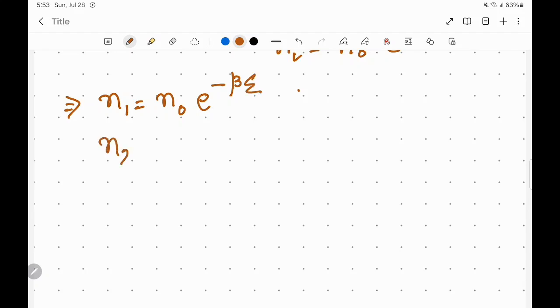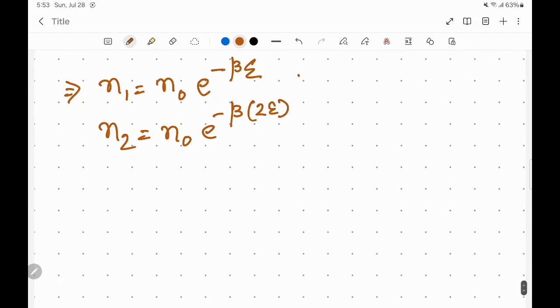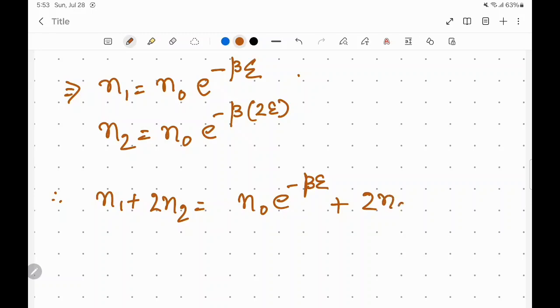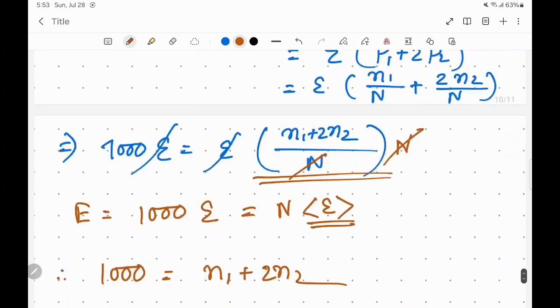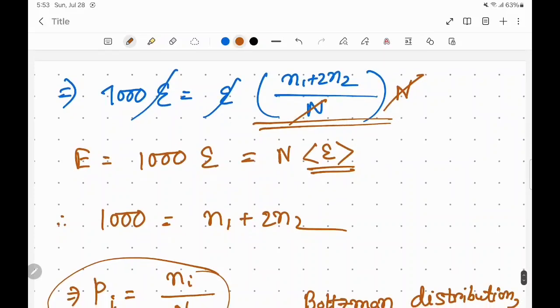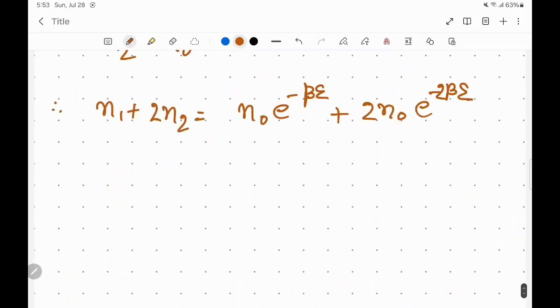And N2 will be N0 into e to the power minus 2 beta epsilon. So now it is clear. N1 plus 2N2 will be N0 into e to the power minus beta epsilon plus 2 N0 into e to the power minus 2 beta epsilon. And this value is given as 1000.